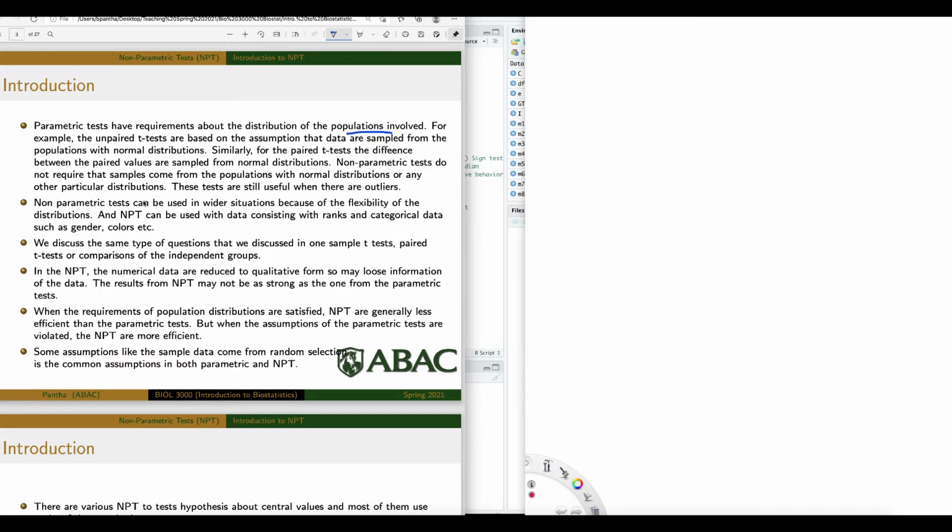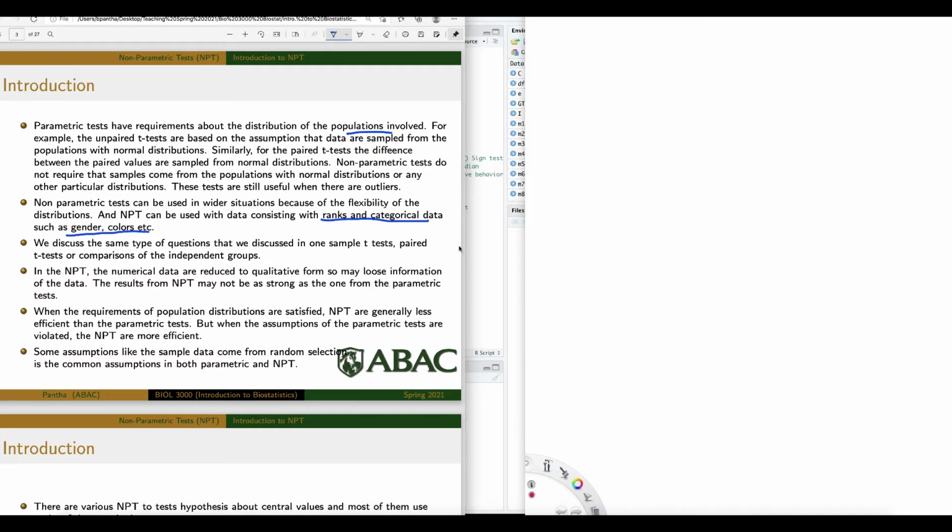Non-parametric tests do not require that samples come from a population with normal distribution or any other particular distribution. These tests are still useful when there are outliers too. The non-parametric test can be used in wider situations because of the flexibility of distribution, and it can be used with data consisting of ranks and categorical data such as gender, colors, etc.